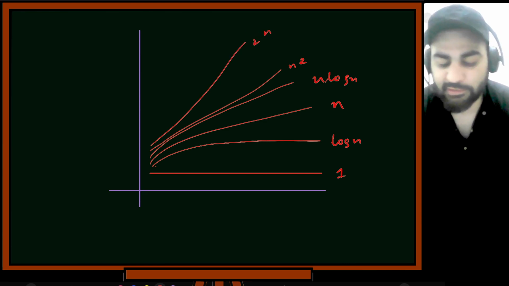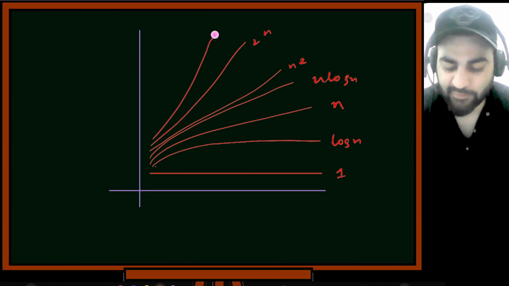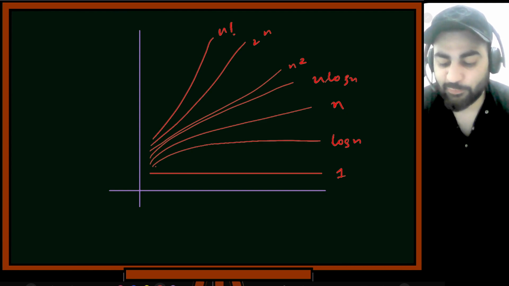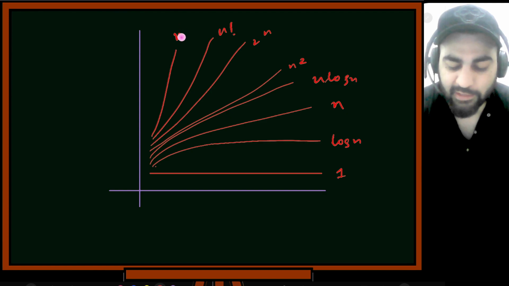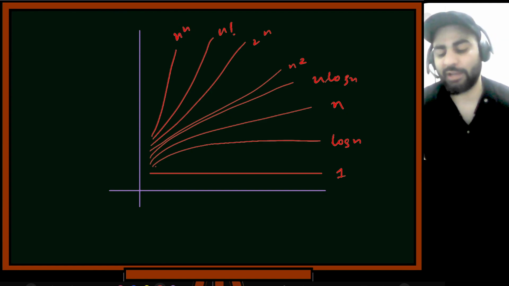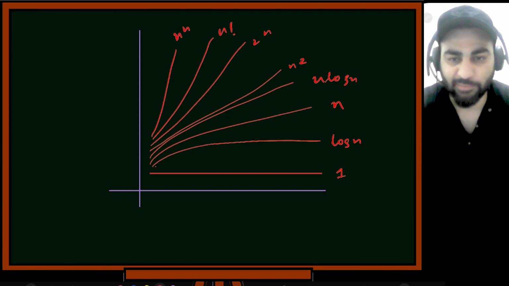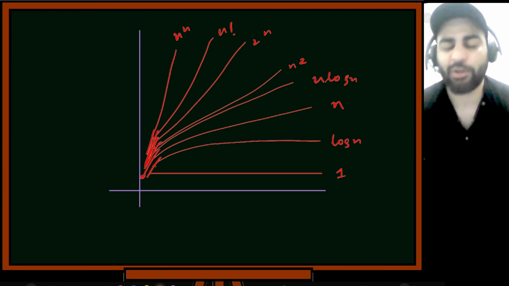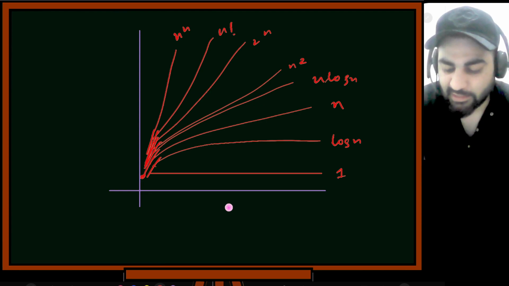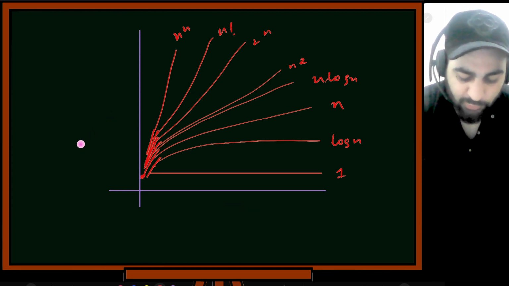Then a much worse case, n factorial. Then something like n to the power n. These are all orders of growth. I showed you graphically how they increase with the increase in input. Just extend these so that they touch this point. I just showed you the rough rate of growth.